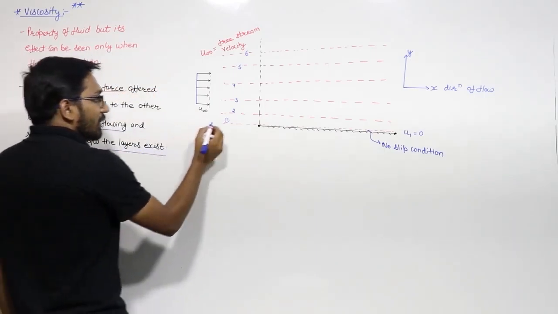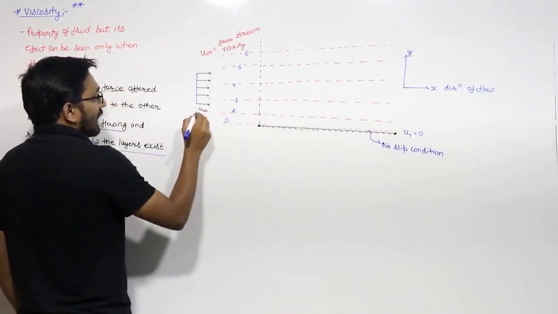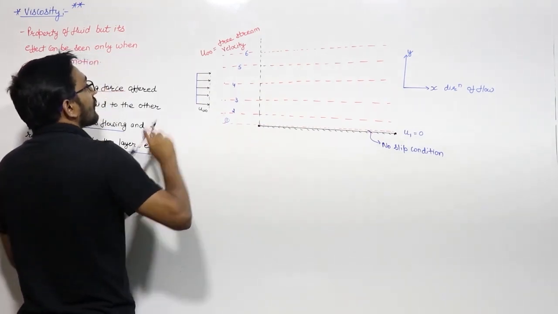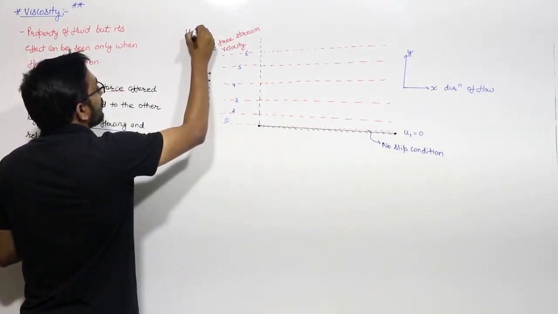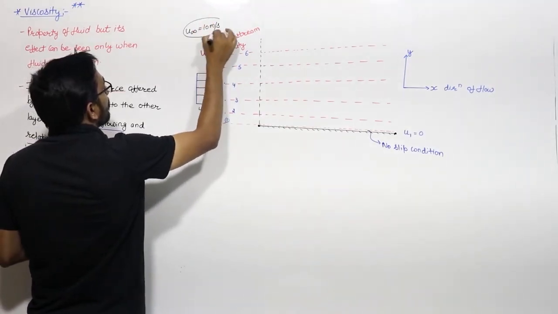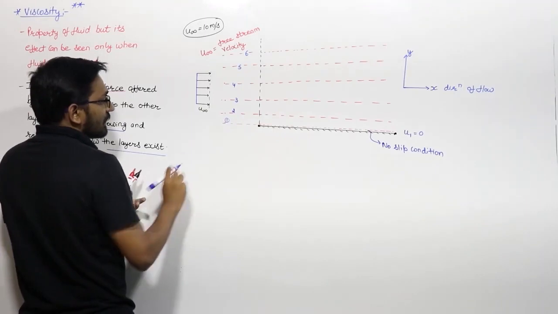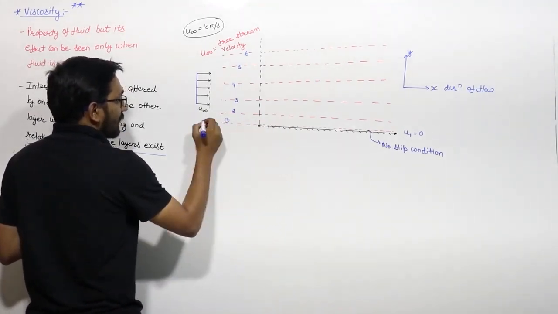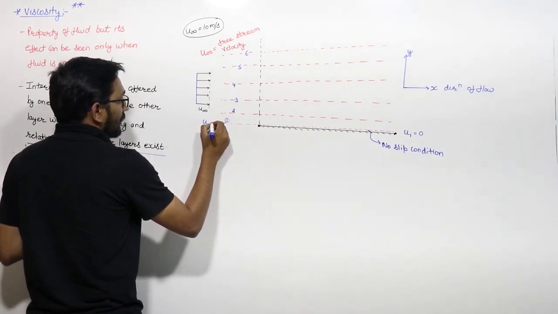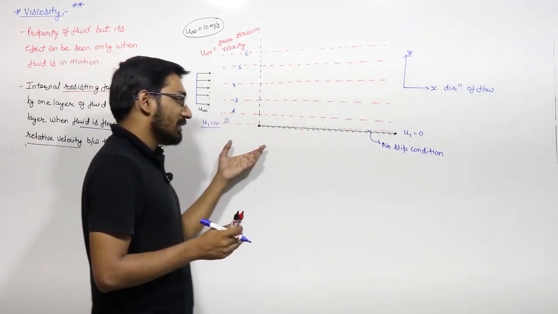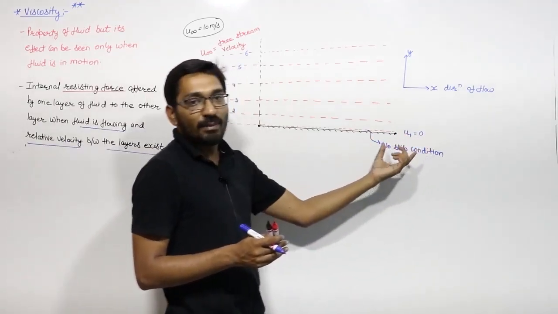Initially, let us say U infinity is 10 meters per second. So initially the velocity of the particle at layer 1, u1, will be 10 meters per second. After coming in contact with the solid boundary, the velocity will become 0.